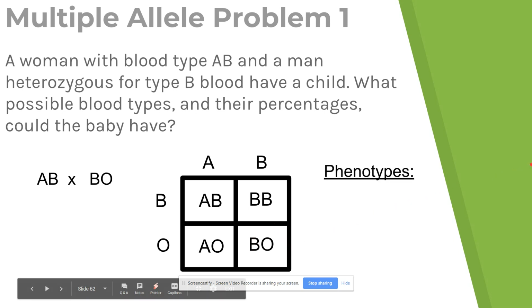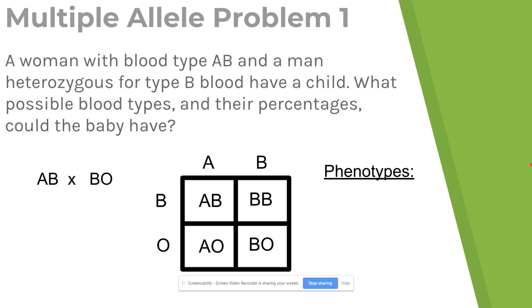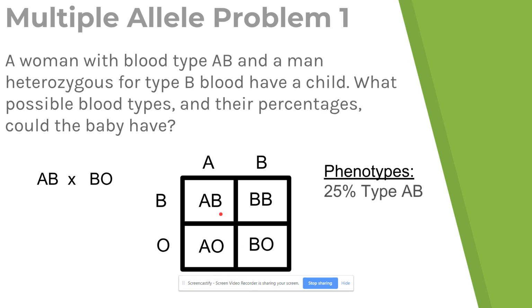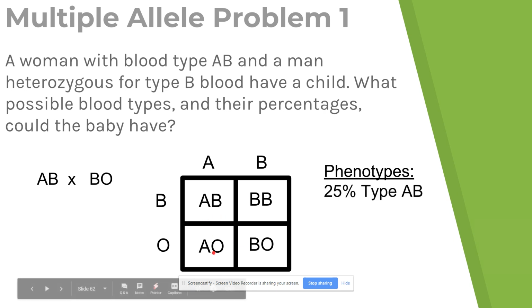So the next step is to represent the phenotypes. Okay, we aren't looking at the genotypes for multiple allele. I just want to know the chances of having each type of blood. So when we look at this, we notice that one of the 4 codes for type AB blood. So that means that 25% is AB.